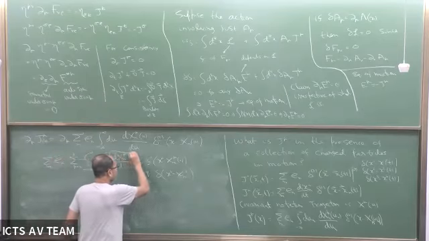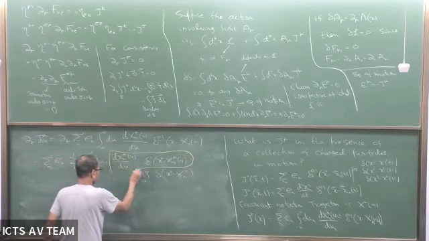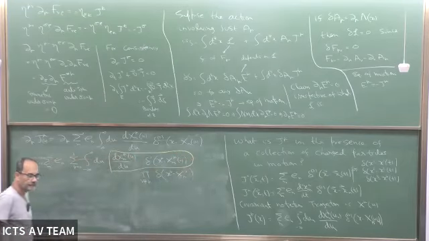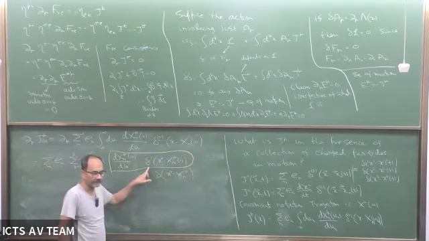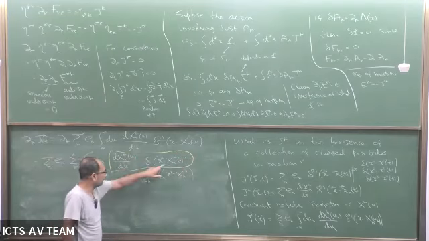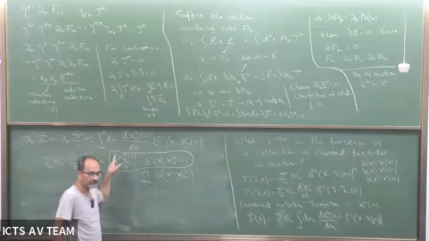This combination we can write in a somewhat simpler way. Do you have a guess? Yeah, this is d/du of the Dirac delta function, because delta prime is the derivative with respect to the argument, and the derivative of this with respect to u is sitting here.